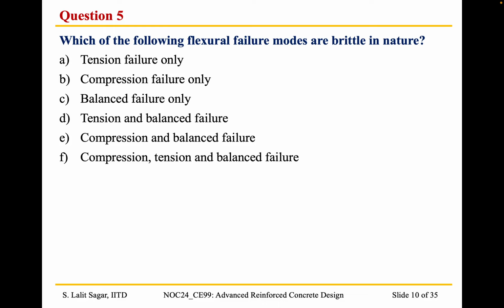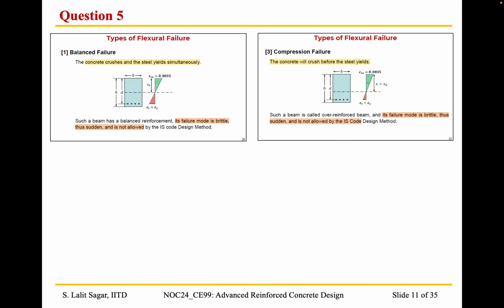Yes, option E is the right answer, because as we can see in this lecture slide, I hope that my slide is visible. As we discussed earlier, there are 3 types of failure. We have the balanced failure, the tension failure and the compression failure. In a balanced failure, when the beam bends, strains will be developed in the cross section.